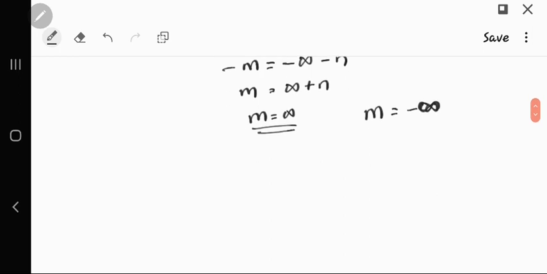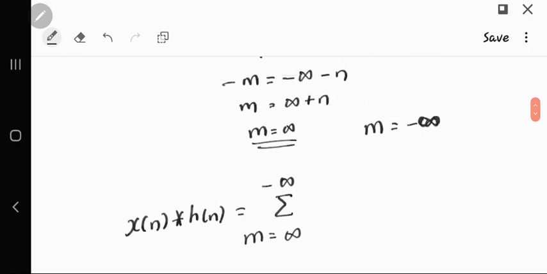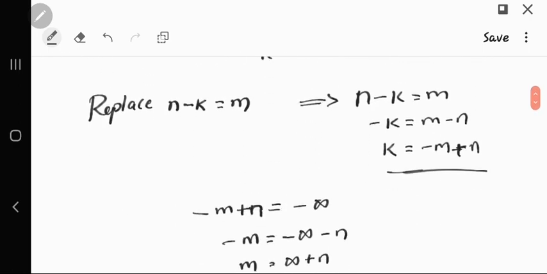Using all these terms, we get x of n convolved with h of n is equal to summation m equal to plus infinity to minus infinity. Here we have x of k, where k is equal to minus m plus n, which can be written as n minus m.